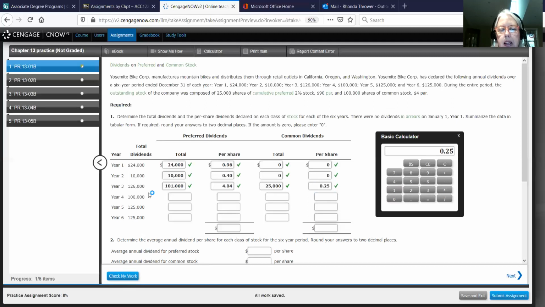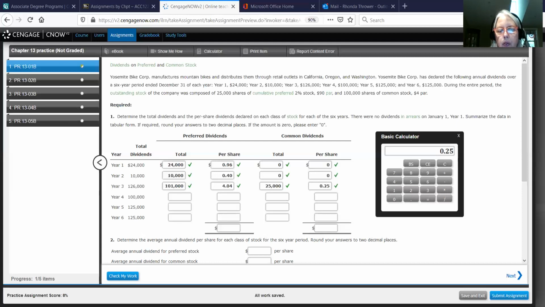All right, since in year 3, we paid our preferred stockholders all that we owed to them, in year 4, we're going to owe only the amount that we have calculated for our preferred stockholders. So in year 4, remember that the dividends that were owed to preferred stockholders each year is $45,000.